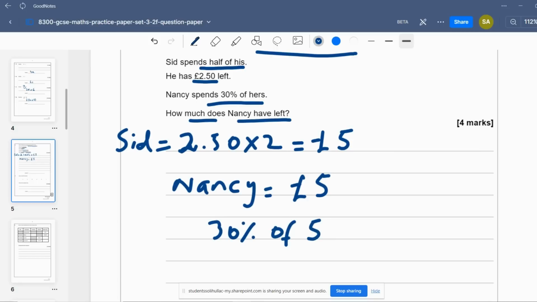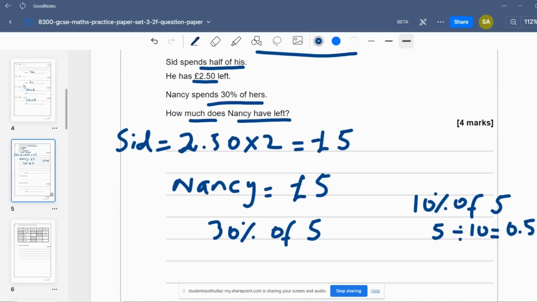The best way to calculate 30% of 5 is to find 10% first. 10% of any number is just that number divided by 10. So 10% of 5 gives you 5 divided by 10, which is 0.5.